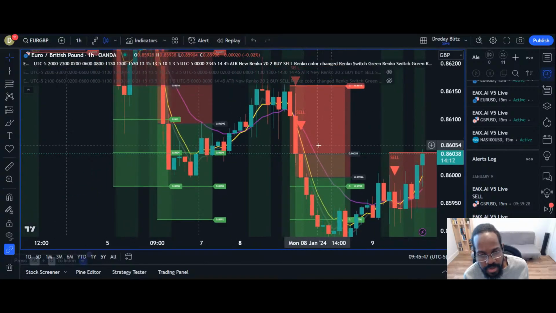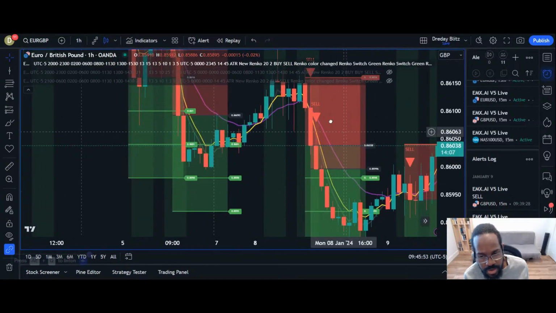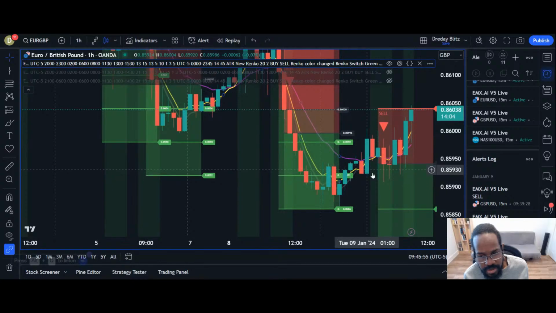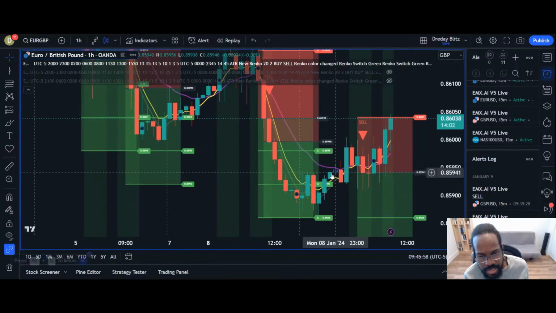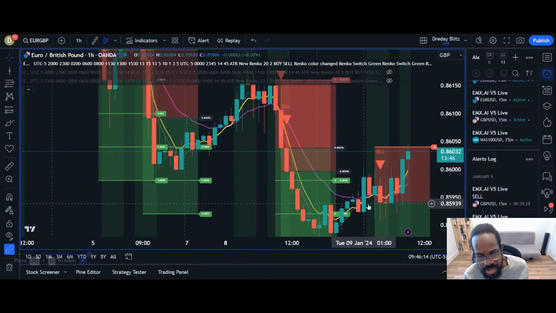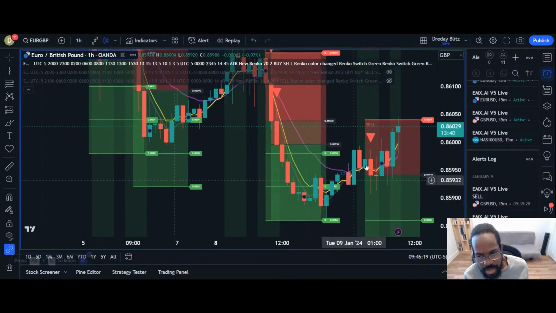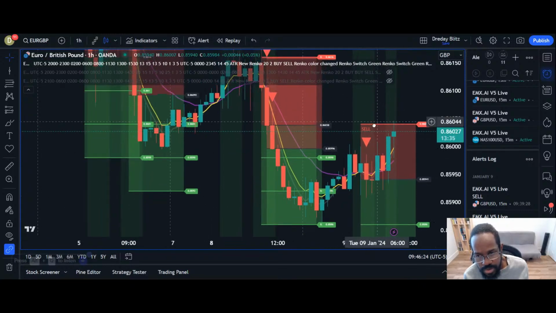That's going to give you more confidence to take that trade because it's following the actual trend, right? And then when the trend is completed, you're going to receive a notification saying that we're switching to the other direction, and that will give you the time to get out of that position that you're in, right? So that way you're not going to keep your trade going in the wrong direction for that long.